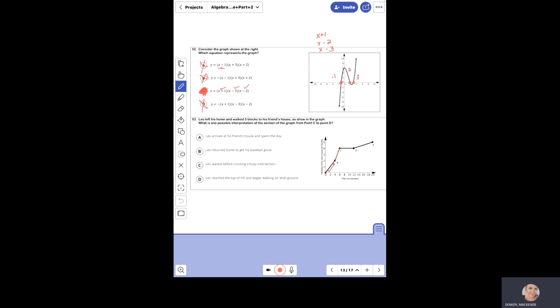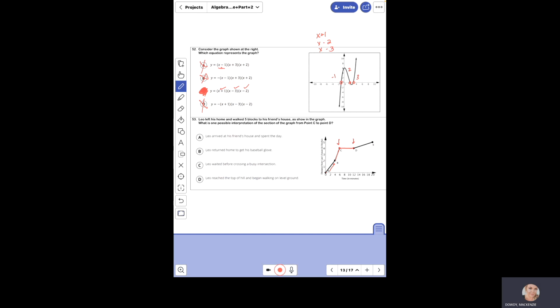But from C to D is constant. So from C to D, he stayed 4 blocks away. He didn't move. He didn't go further away. He didn't turn around and go back for 4 minutes, or from 6 minutes to 12 minutes. For 6 minutes, he stood still.